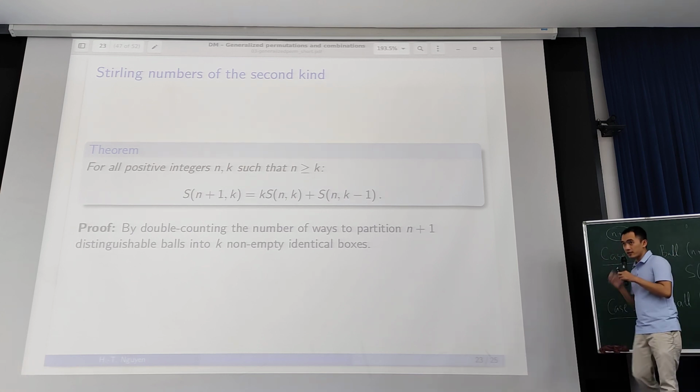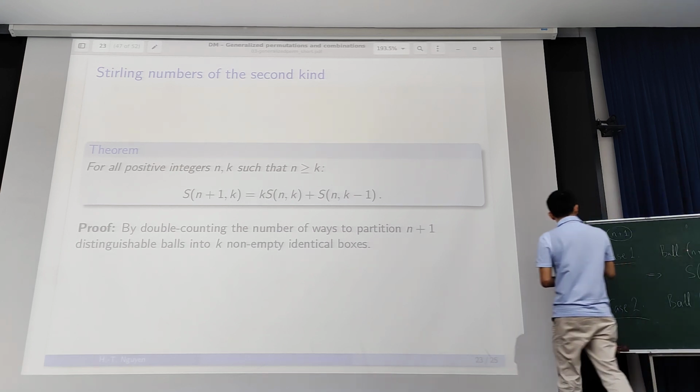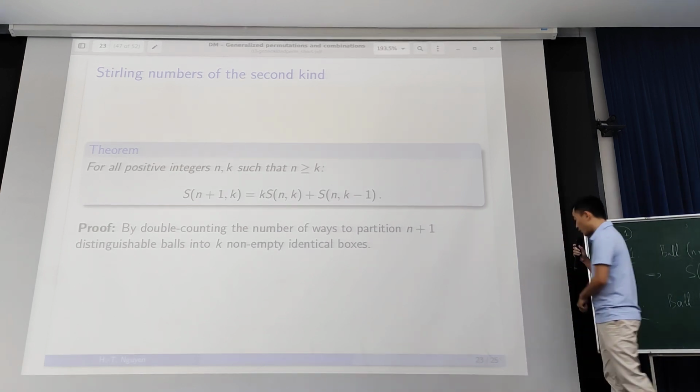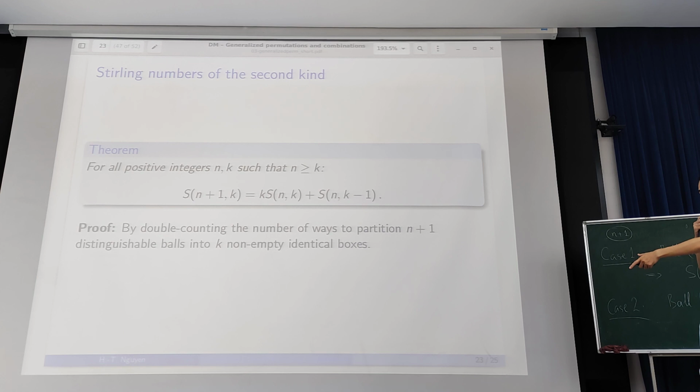Okay? So what does it mean? So in the first case, I repeat, first we choose a box for the ball n plus 1. The procedure is that first we choose a box for that ball, and then we put the other balls into the other boxes. Okay? And we have 1 times this many, S(n,k-1) ways.